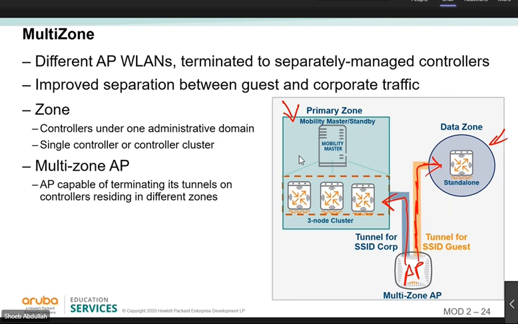But the guest traffic should not enter my internal network, because in my internal network I've got very sensitive resources, holding the most confidential information about the state of the country.